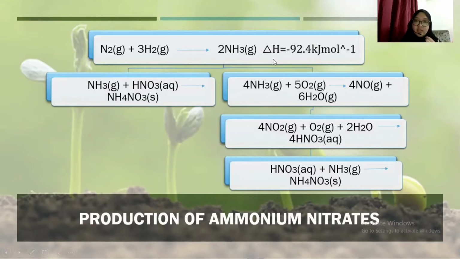The second way is for the ammonia to react with oxygen to produce nitric oxide and water. Then the nitric oxide will also react with oxygen and water to produce nitric acid. And this nitric acid will then react with ammonia to produce ammonium nitrate.